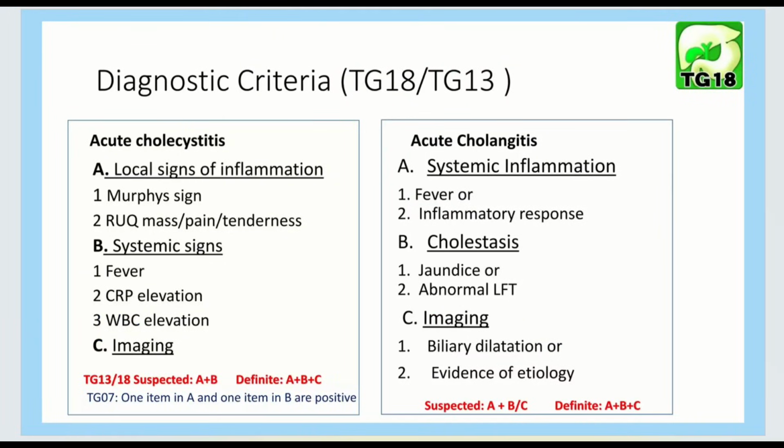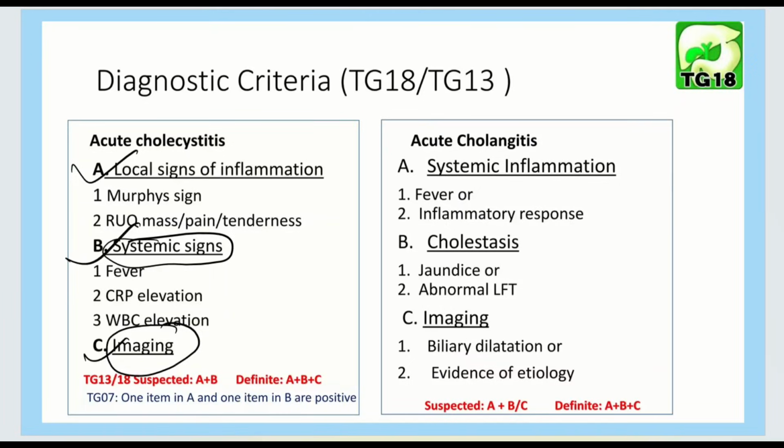Now coming to the diagnostic criteria, how to diagnose acute cholecystitis. Guidelines given in 2018 to diagnose acute cholecystitis. Here we have three criteria. Number one, A, is local signs of inflammation. Then B, the systemic signs of inflammation, and third, C, is the imaging.